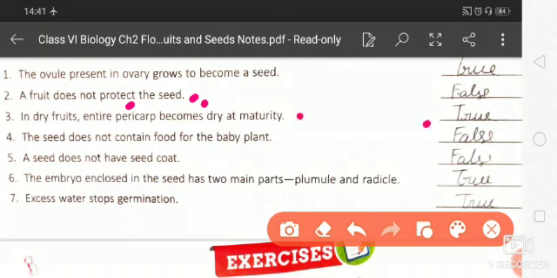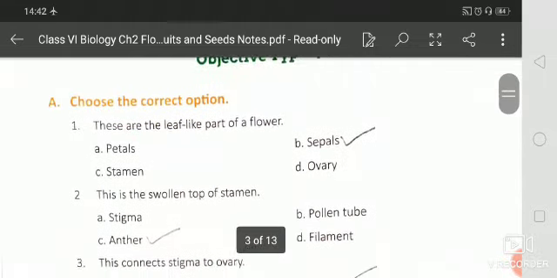The seed does not contain food for the baby plant, it is false, because it contains food. A seed does not have a seed coat, it is also false, because a seed has a seed coat. The embryo enclosed in the seed has two main parts, plumule and radicle, it is true. And excess water stops germination, it is also true.